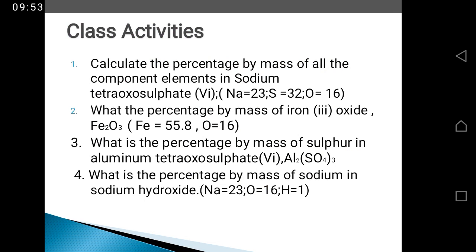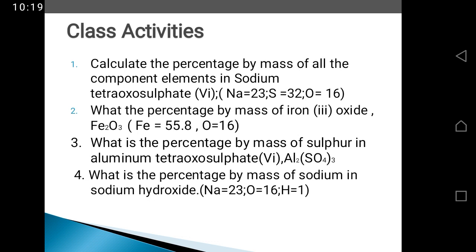Class activity. I would like you to do this briefly to test your knowledge. First, number 1, calculate the percentage by mass of all the component elements in sodium tetraoxosulfate 6.